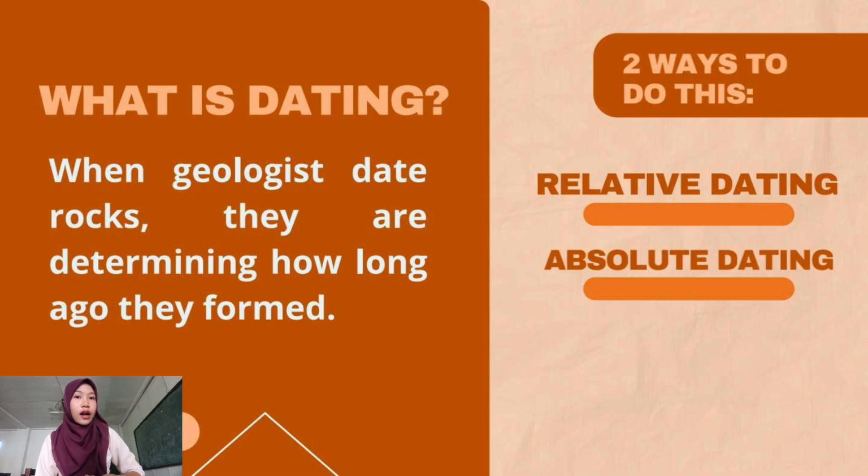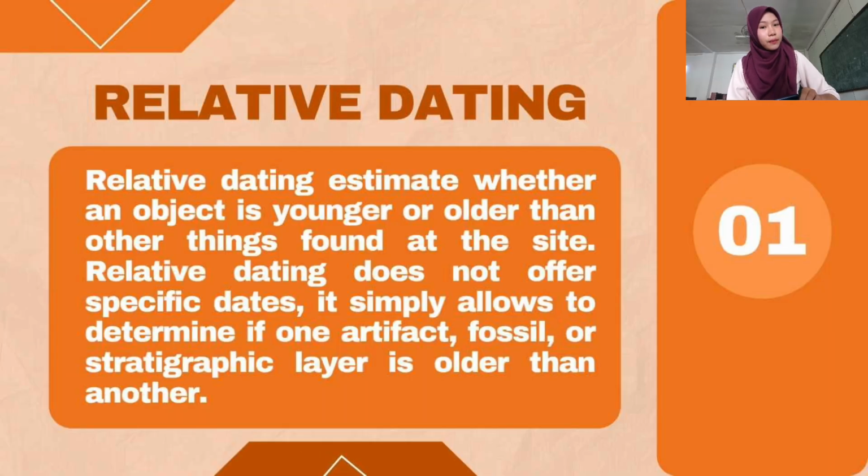In dating, there are two ways to do this, which are relative dating and absolute dating. So let us know the difference between these two. What is relative dating? Relative dating estimates whether an object is younger or older than other things found at the site. Relative dating does not offer specific dates.